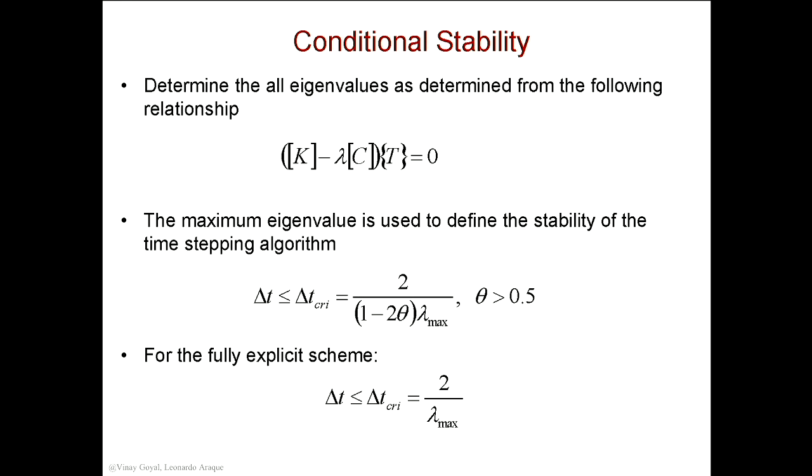I will get 3 eigenvalues. If I select the maximum eigenvalue and plug it in here, depending on the value of theta I select, say 0.2, I get 1 minus twice times 0.2. What is that? I get 0.6 maybe? 1 divided by 0.6, how much is that?